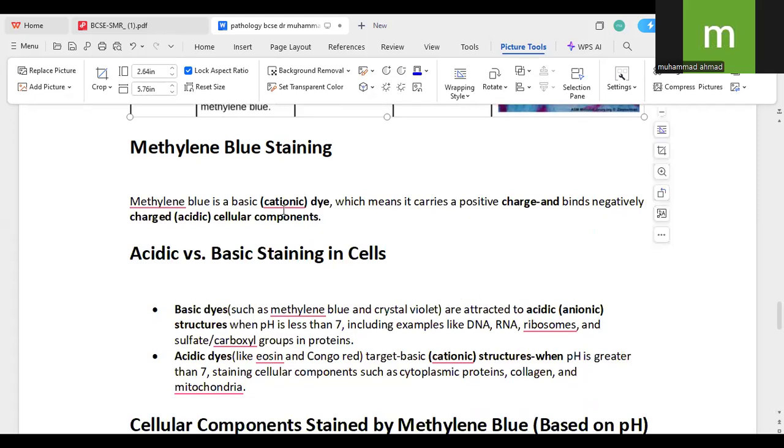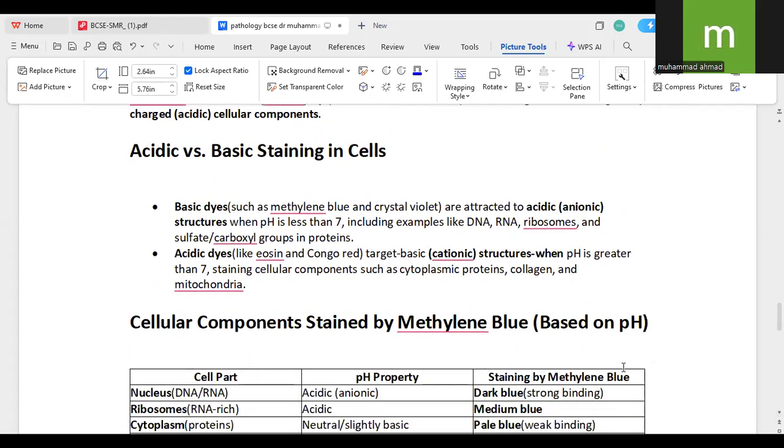Methylene blue. This is not important, just keep the basic concept. Methylene blue is a basic dye, which means it carries a positive charge and binds negatively charged cellular components.